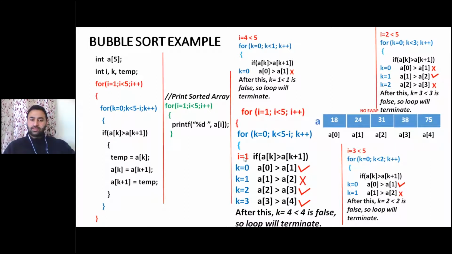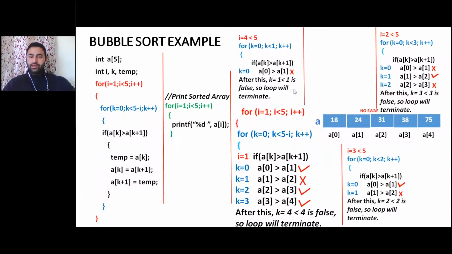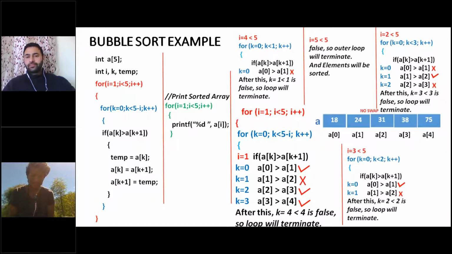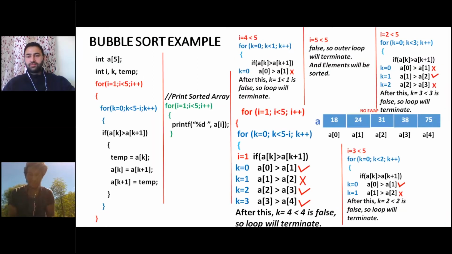This is the first pass, this is the second pass, this is the third pass, and this is the fourth pass. These are the numbers of comparisons: 4, 3, 2, and 1. After this, the value of i will become 5, which is false. So the outer loop will terminate, and hence the inner loop will not run. So all the elements are sorted in this bubble sort.